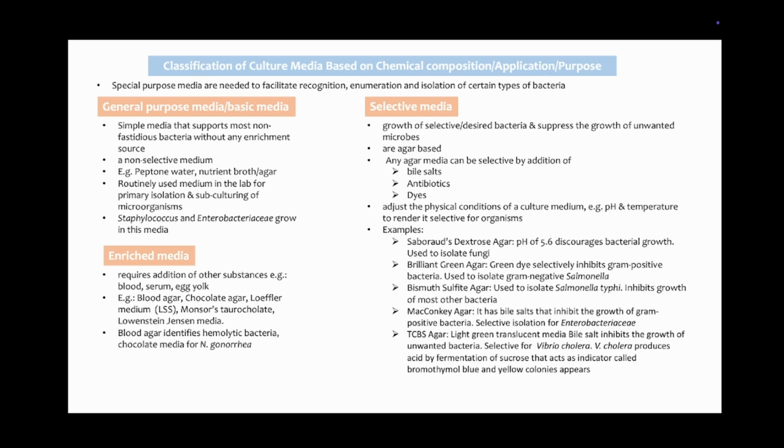Most of the media that you use, the colorful ones, have both selective and differential properties. So in TCBS, I've mentioned that the pH of 8 is selective, right? But pH 8 is not the only selective component. It has other components that allow it to select for the bacteria that you want. But how does it differentiate? Because instead of lactose, it has sucrose. So it uses sucrose utilization to differentiate the ones that can ferment sucrose from the ones that cannot.